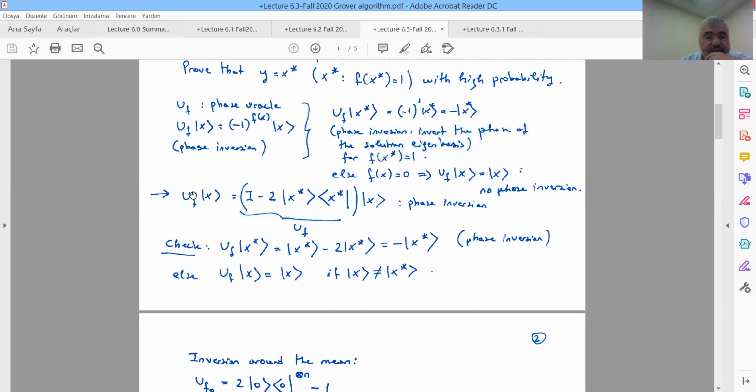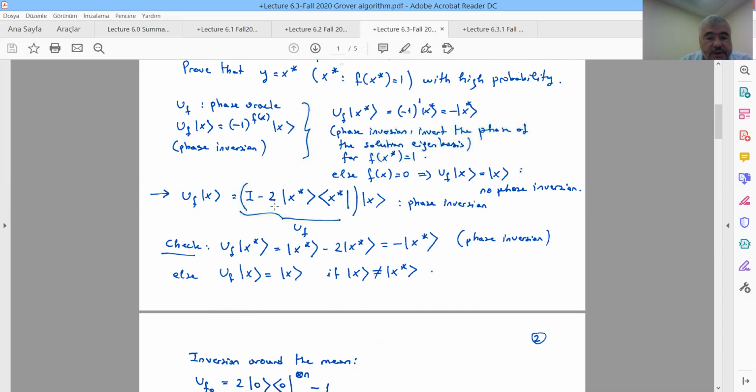And we said this U sub f of ket x, which we denoted as this operator, does this. As I said, it's very easy to see. Let's suppose you apply this to the solution state. In other words, if ket x equals ket x star, this inner product would be 1, because bra x star inner product with ket x star would be 1.